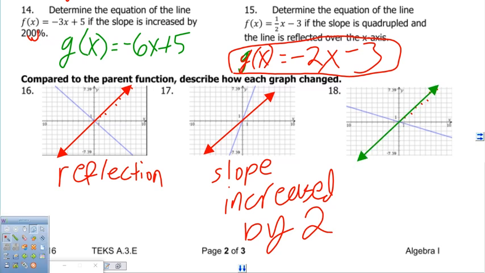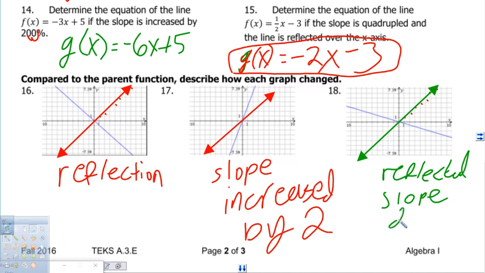Now what we can say is that it was reflected and slope decreased by, let's see, that's a third, so we could say by 2/3 would be fine. That would work.